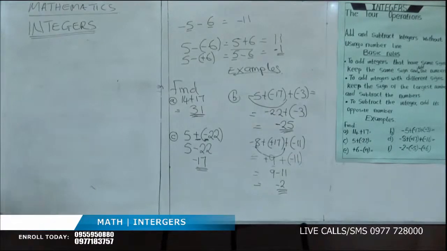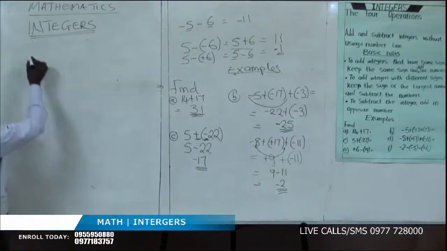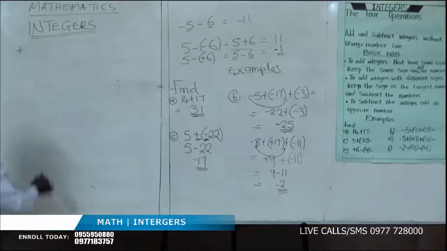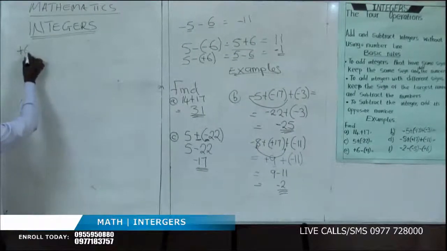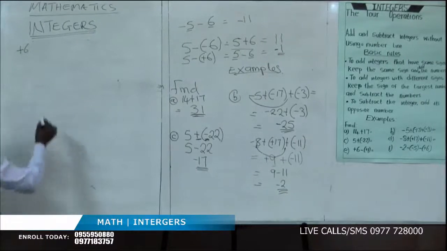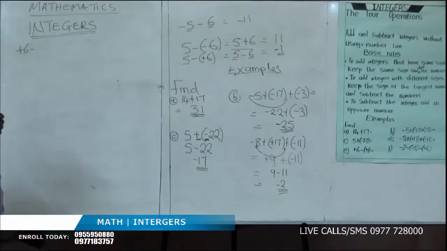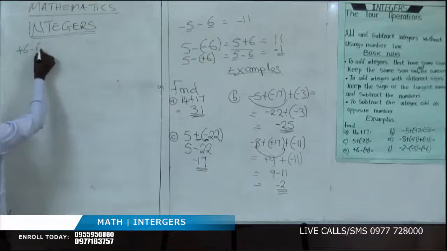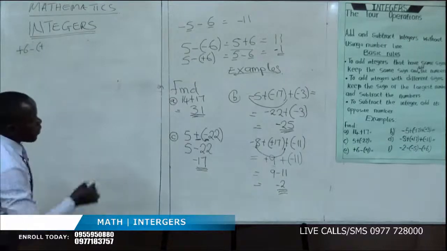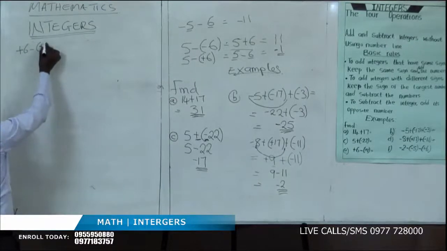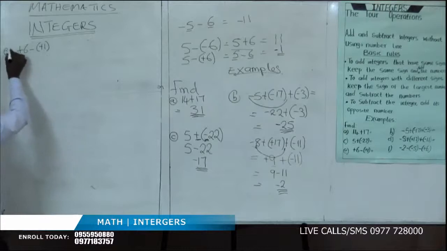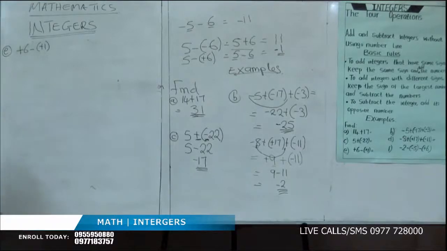So, part 1E, we have got positive 6 minus positive 1. This is it.